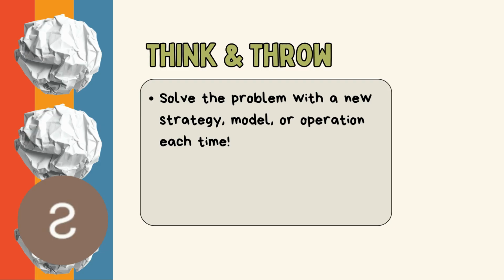So let's say I have the number 837, and I would like to represent that number in pictorial form. So I'm going to draw my 837 in base 10 blocks.